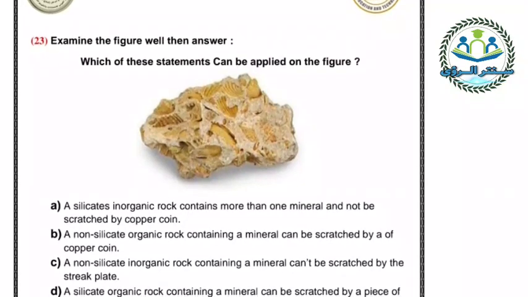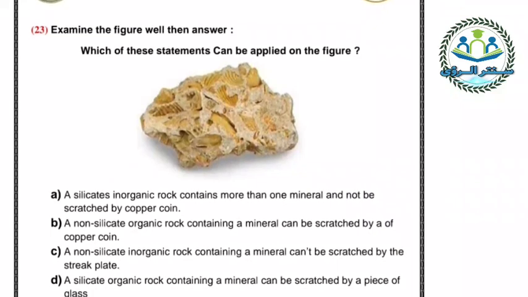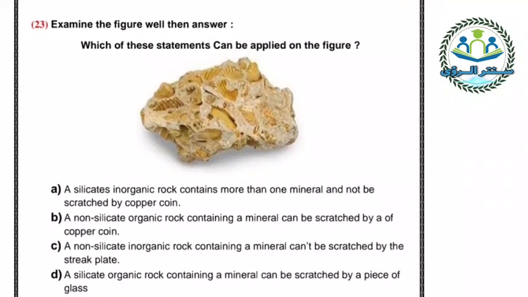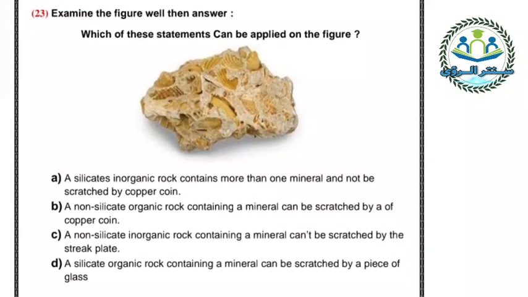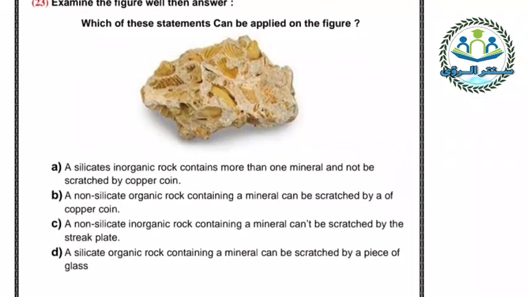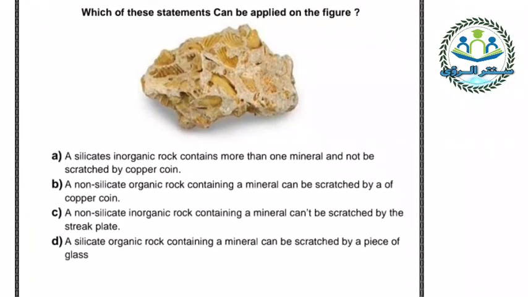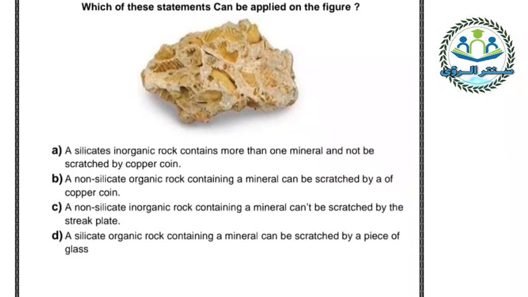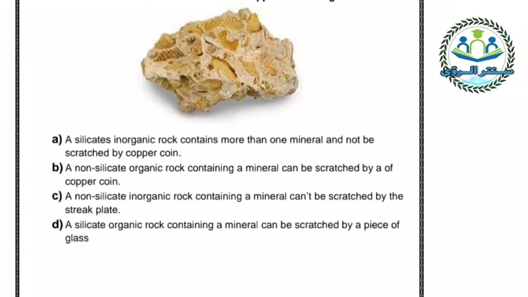B. A non-silicate organic rock containing the mineral can be scratched by a piece of copper coin. C. The non-silicate inorganic rock containing the mineral can't be scratched by the streak plate. D. A silicate organic rock containing the mineral can be scratched by a piece of glass.